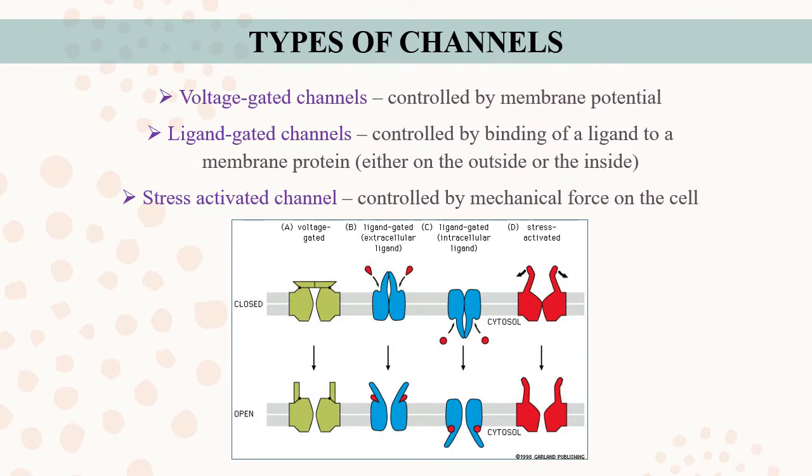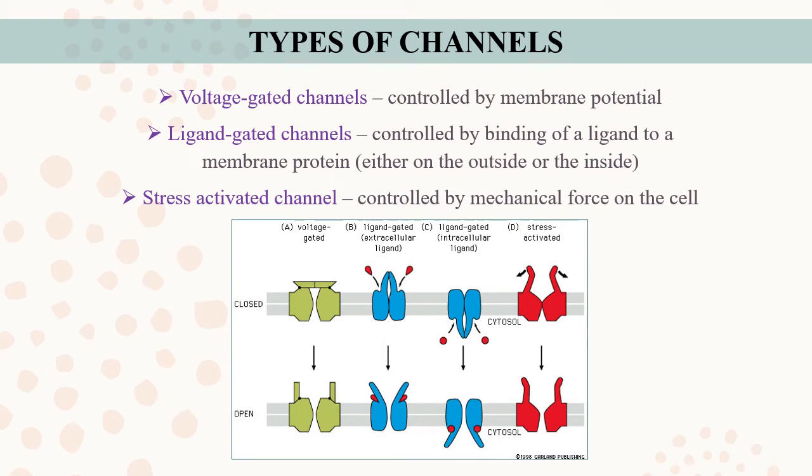Now the types of channels. There are basically three types of channels available. The first one is the voltage gated channel, which operates in open and closed conformation when it is excited by a membrane potential. The second type is the ligand gated channel, which is controlled by a ligand.